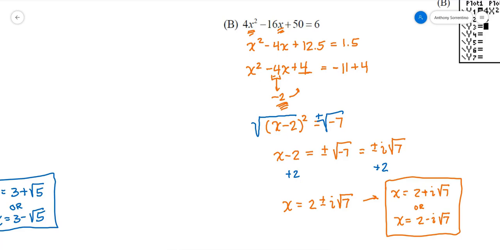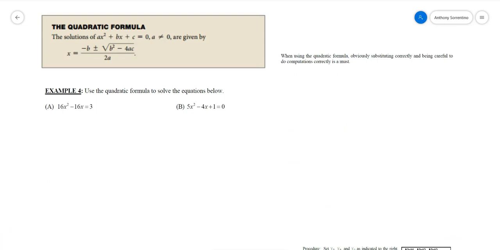The last one is the most preferred method, and that's using the quadratic formula. So let's have a look at that one. The quadratic formula is another instance where I have to have an equation set equal to 0. I mean, a lot of people get themselves to memorize this formula: x equals -b plus or minus the square root of b squared minus 4ac all over 2a.